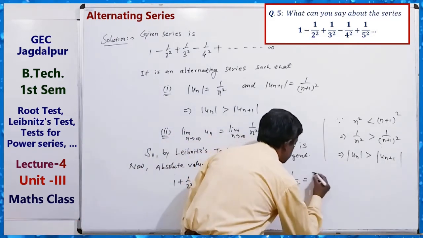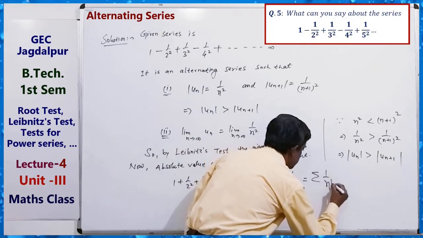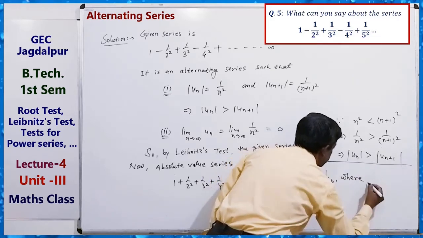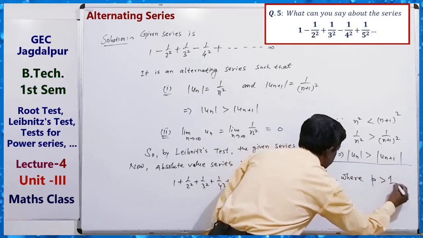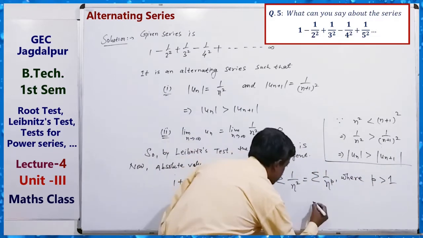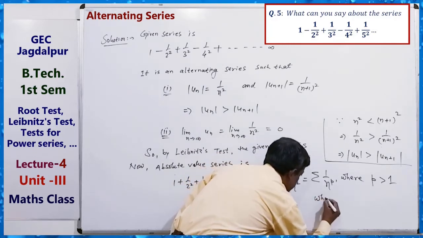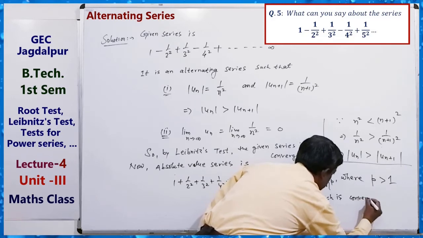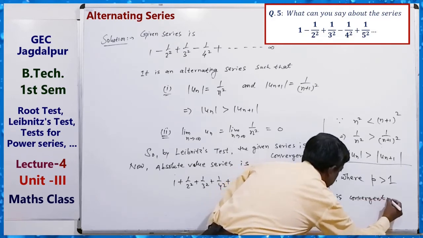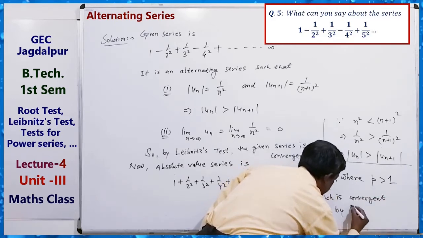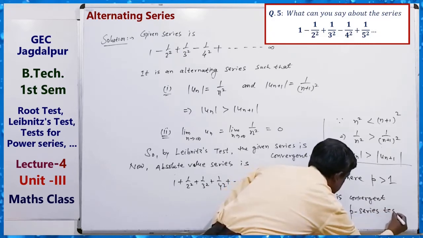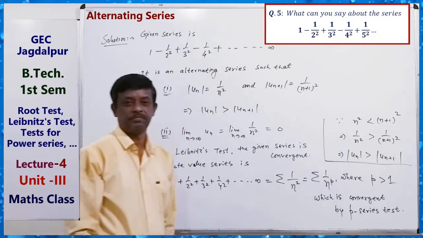That is 1 upon n to the power p, where p is greater than 1, which is convergent by the p-series test. Clear?